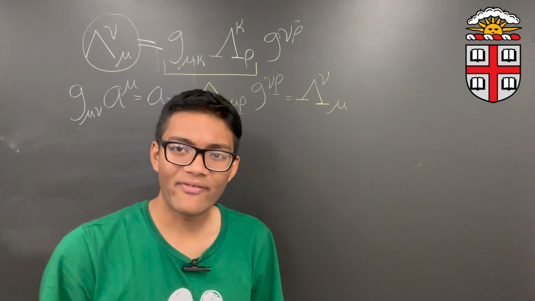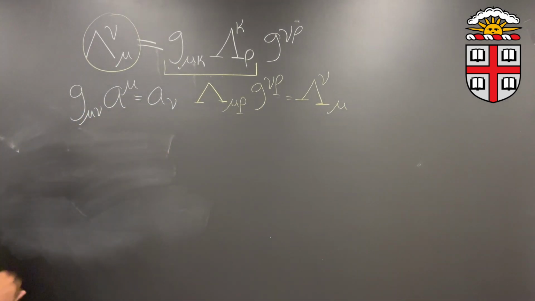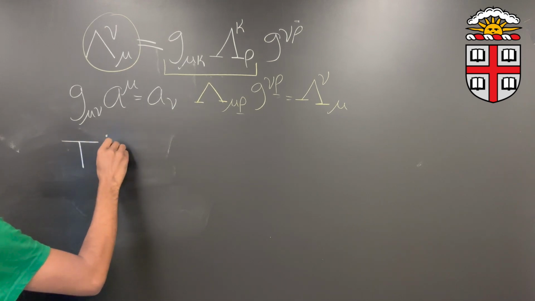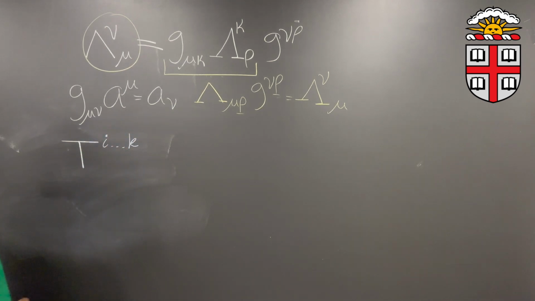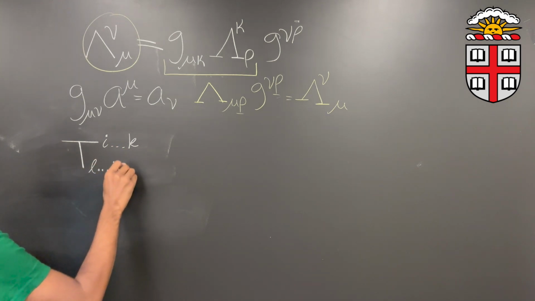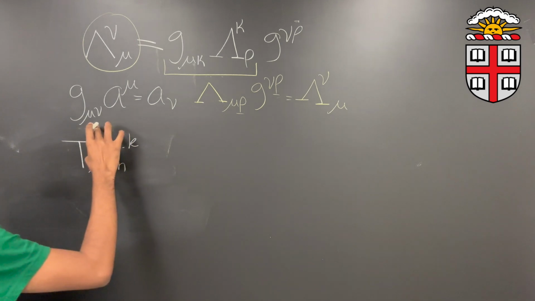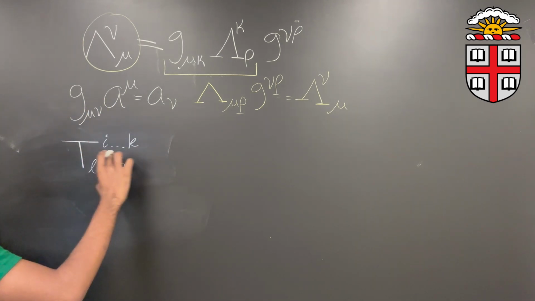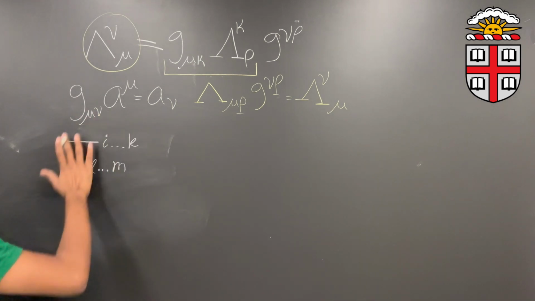So now let's say we have some kind of tensor T with components i to k over here, and with components l to m down here. So it has a mixed amount of contravariant and covariant components. This is a mixed tensor.